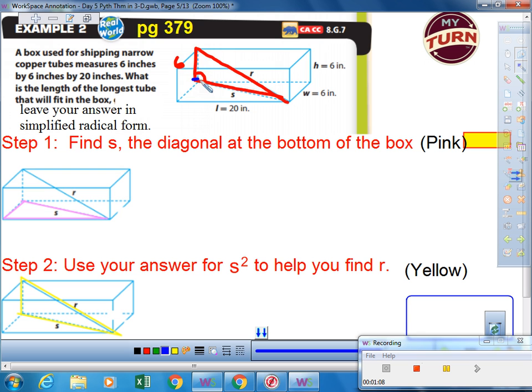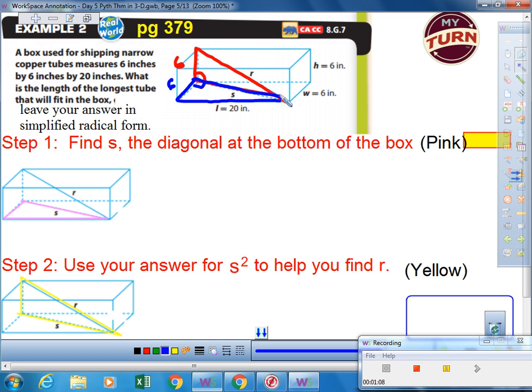So if I want to find this diagonal, then I look at this right triangle. So here's my right angle right there. And that's on the floor of that prism. This length is the same as this, so that's 6. They give us this at 20.